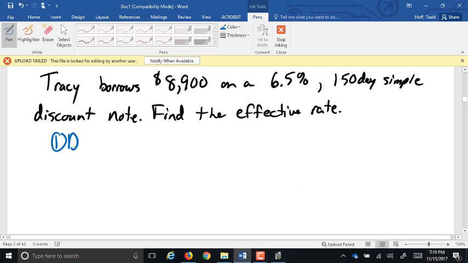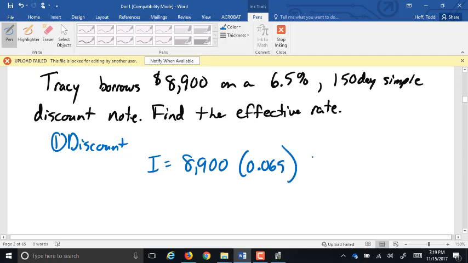So we find the discount. $8,900 at 0.065 for 150 over 360, which is how much? 241.04.